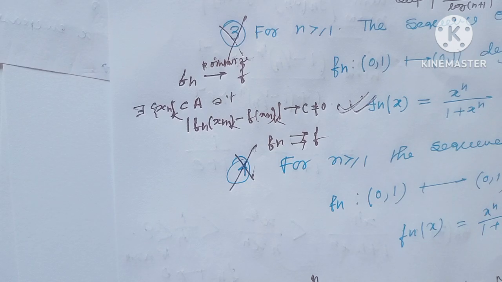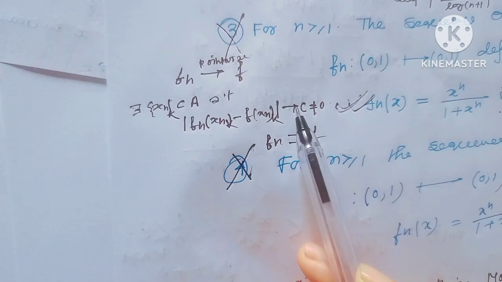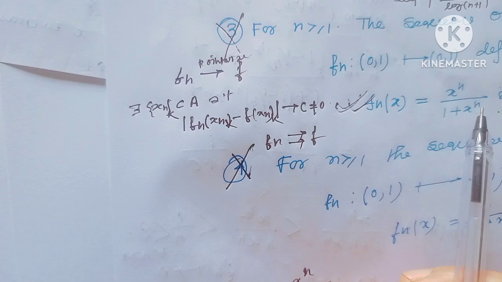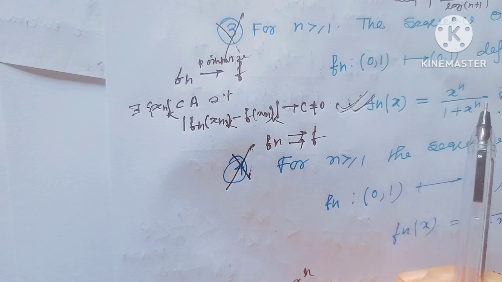If we can find one subsequence for which this difference does not tend to 0, then we can tell this sequence of functions is not uniformly convergent. And this is the contrapositive process. But for uniform convergence, this is not true.